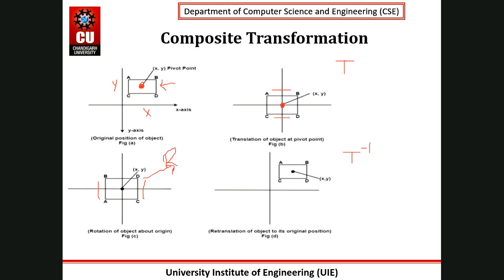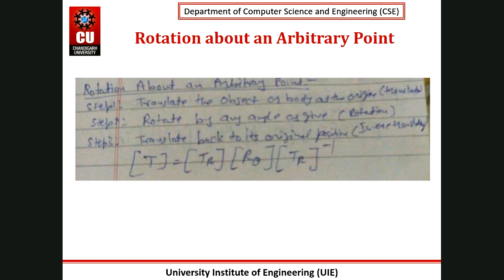Okay guys, any doubt in this one? So these were the three steps which I was talking about. The first one is translating the object to the origin. Step 2 says rotate the object by an angle. The third thing is translate back to its original position, also called inverse translation.